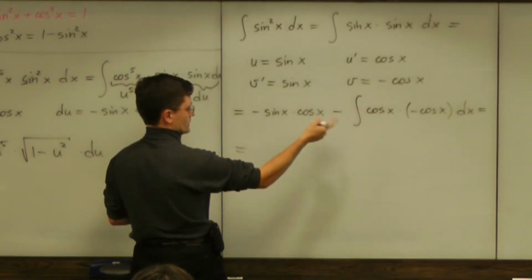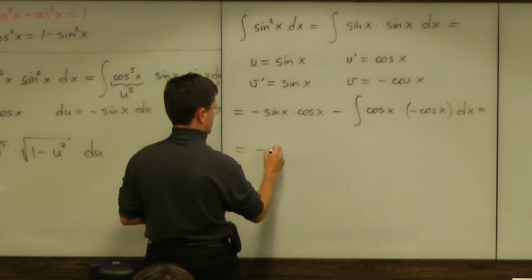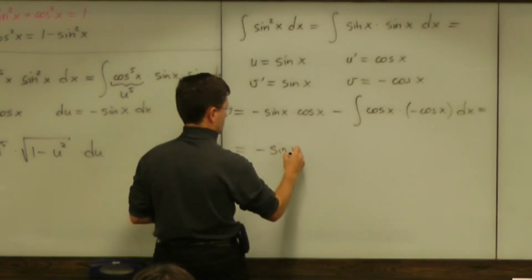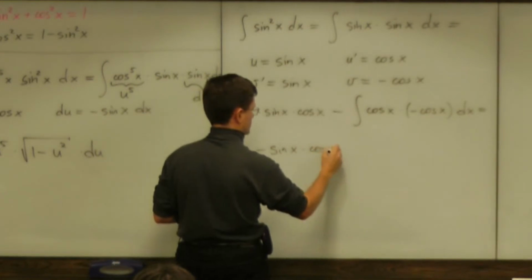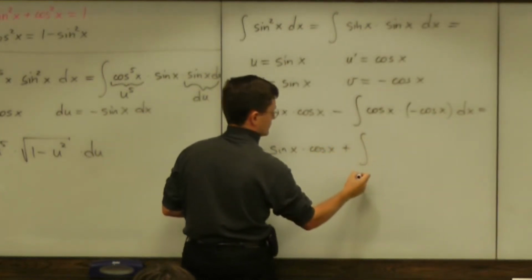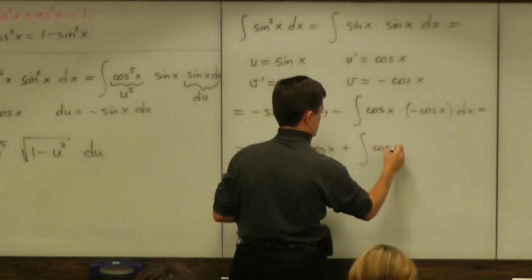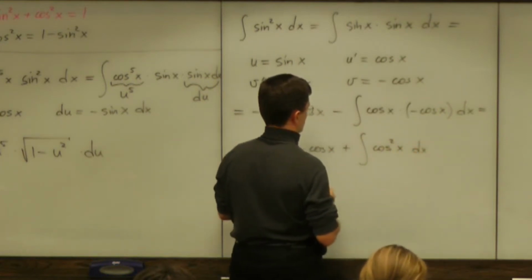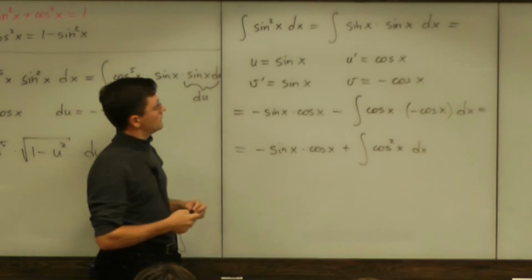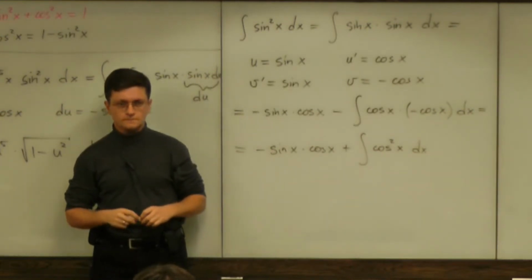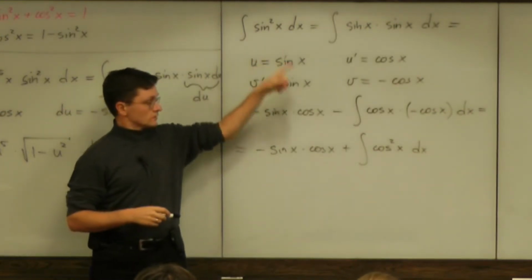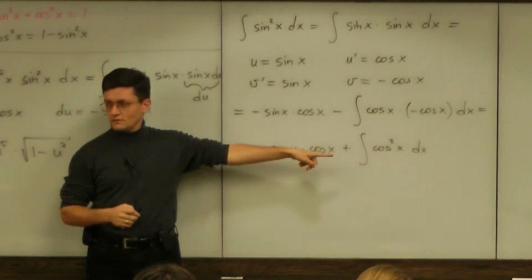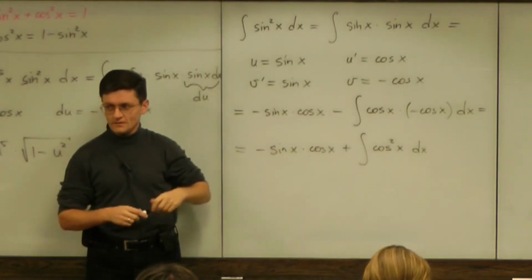And of course that negative sign factors, and I end up with sine x times cosine x plus an integral of cosine squared. Am I making my integral easier? I'm making it different, right?